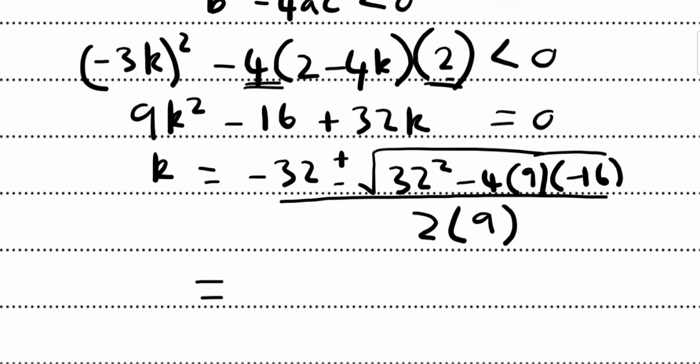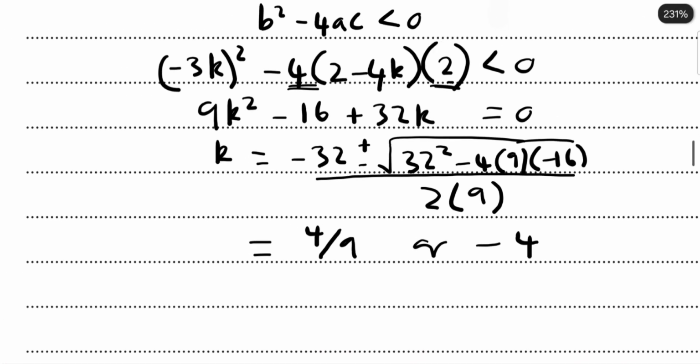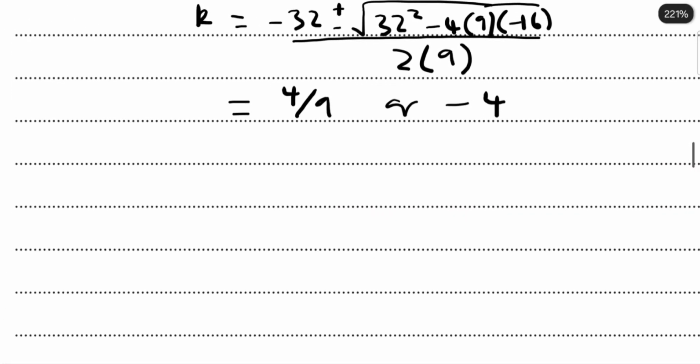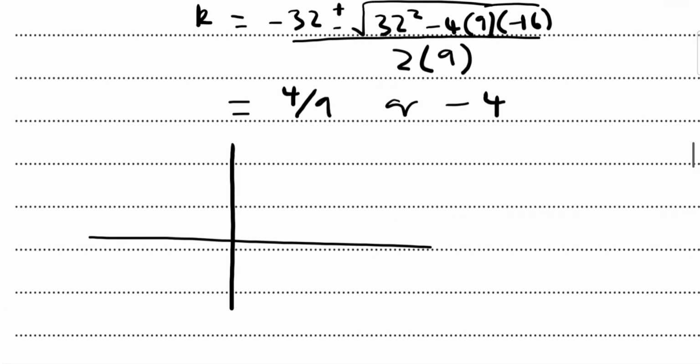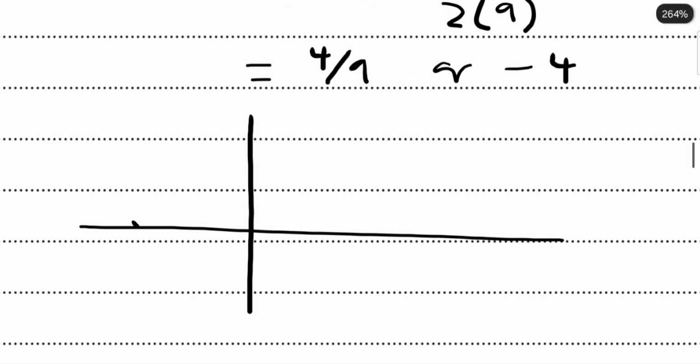And this will give us k to be 4 over 9 or minus 4. So let's try and sketch this. So this is something like this, minus 4 and 4 over 9.